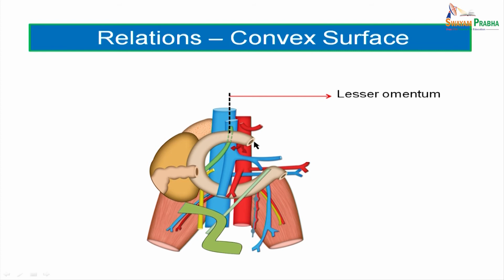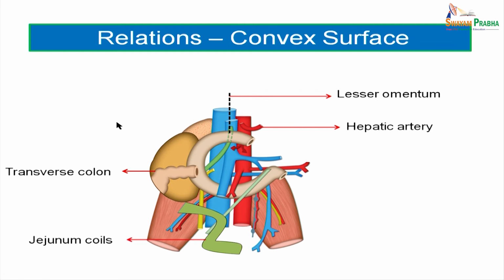Coming to the outer aspects of the rest of the duodenum, these are the structures which are involved. You have the hepatic artery, which is related to the first part, then we have the transverse colon, then the coils of jejunum, and the inferior mesenteric vein.